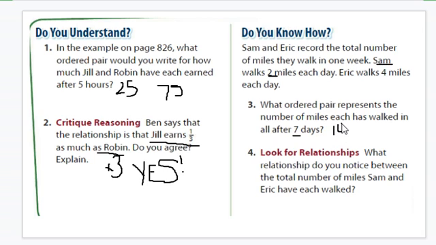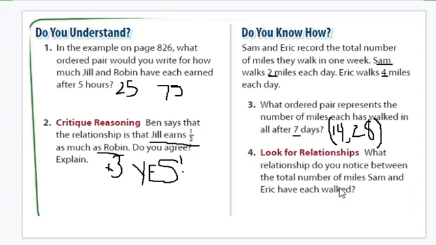So let's make Sam be the X. So it's 14, comma. Eric walks 4. So after 7 days, we're going to do 4 times 7, which is 28. So if Sam is X and Eric is Y, then our ordered pair is 14, 28.